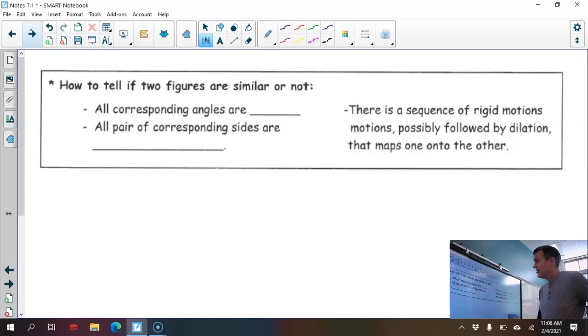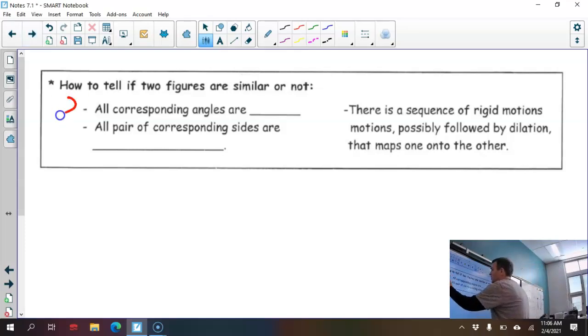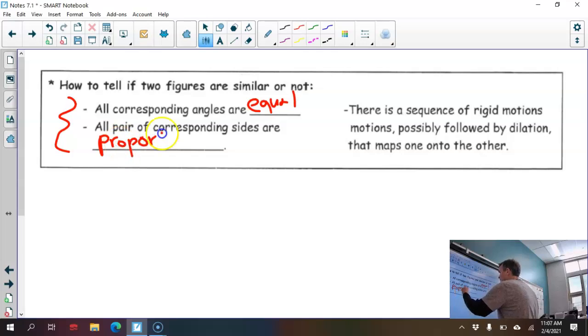So let me review. How can you tell if two figures are similar? Well, this is the more common way to tell if two figures are similar. All corresponding angles are equal. All pairs of corresponding sides are proportional.